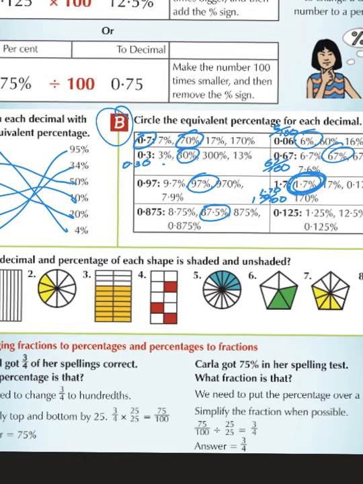And 0.125 is 12.5%. I hope that makes sense now.